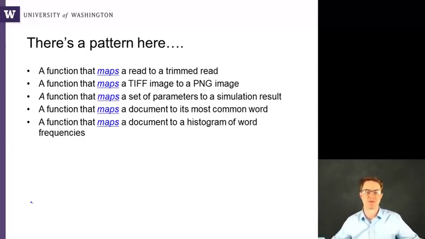Given a big set of objects and a function that knows how to process a single object, you should be able to think about how to parallelize this. Let's say that one more time. We have a big set of objects with a function that maps a single object, and a pile of computers. You distribute the objects among the computers and apply the function f in parallel. This is trivial.